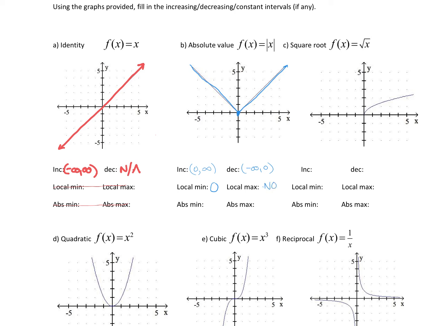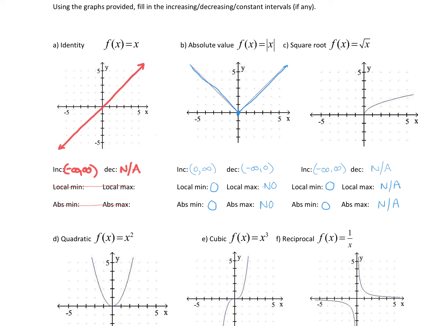The absolute minimum, the lowest point on the entire graph, is also 0, and it has no absolute max. See if you can do the next three here, and then we'll do the reciprocal function together. So pause your video and see if you can find the intervals of increase and decrease and the local and absolute max and min.